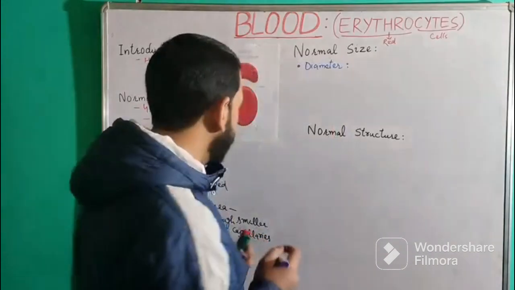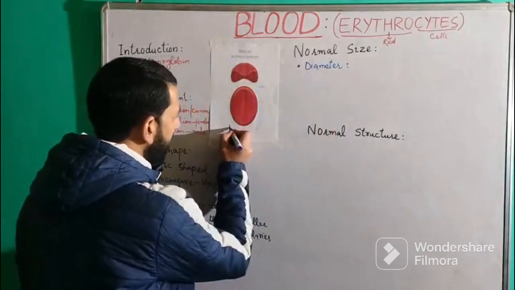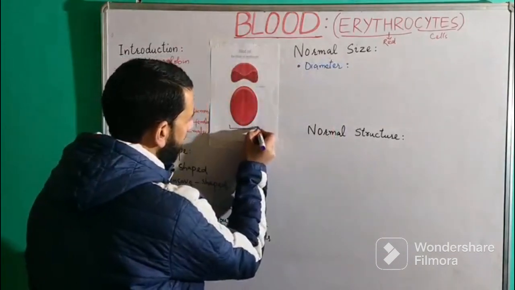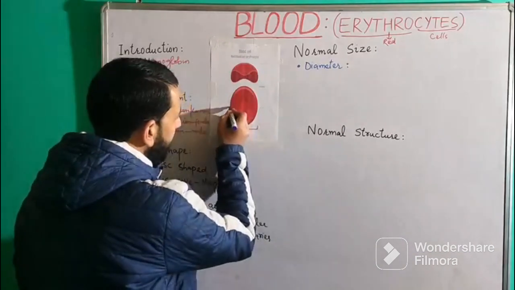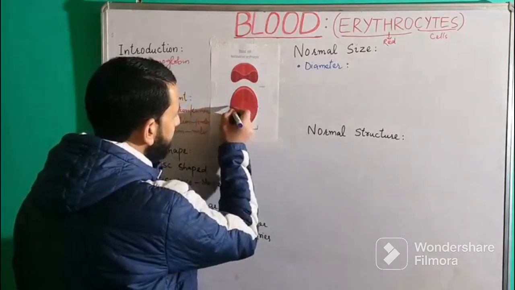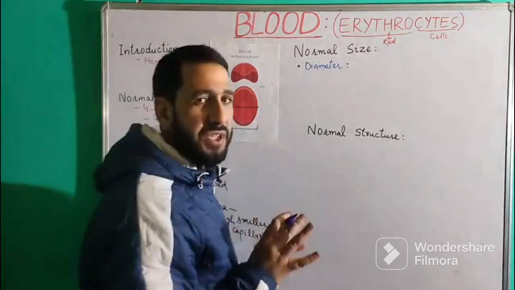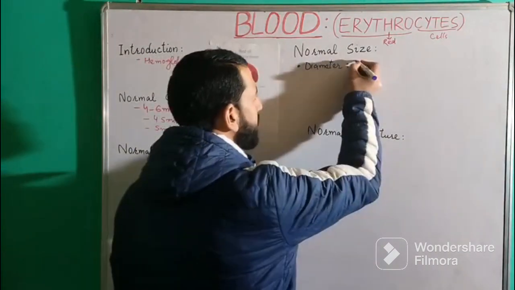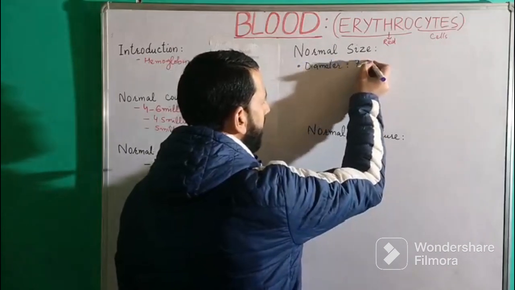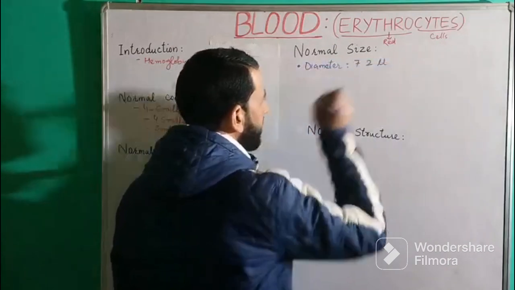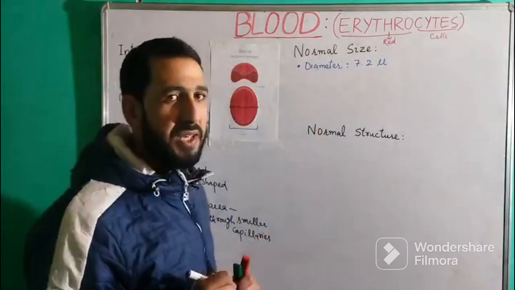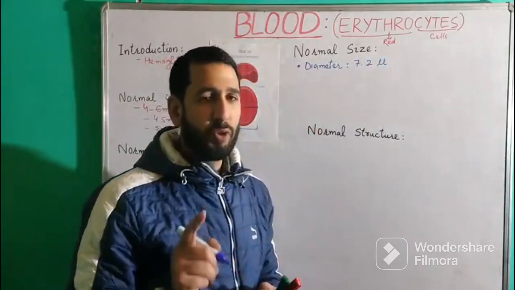When we talk about the average diameter, that means from this end to this end, like this is the diameter, and the average diameter of these RBCs is actually 7.2 microns. You have to remember this.